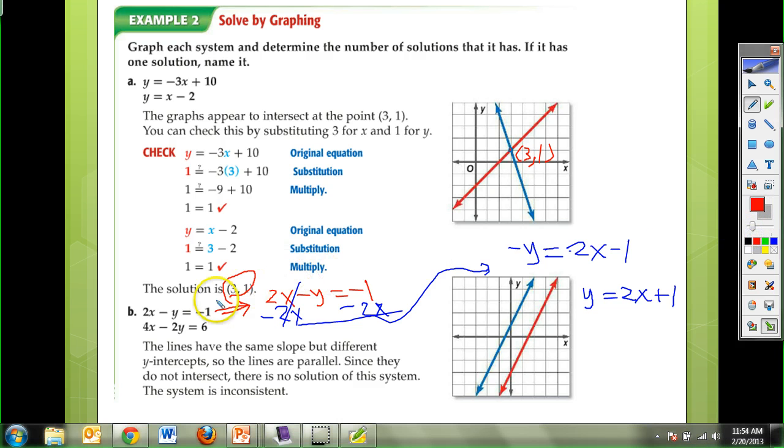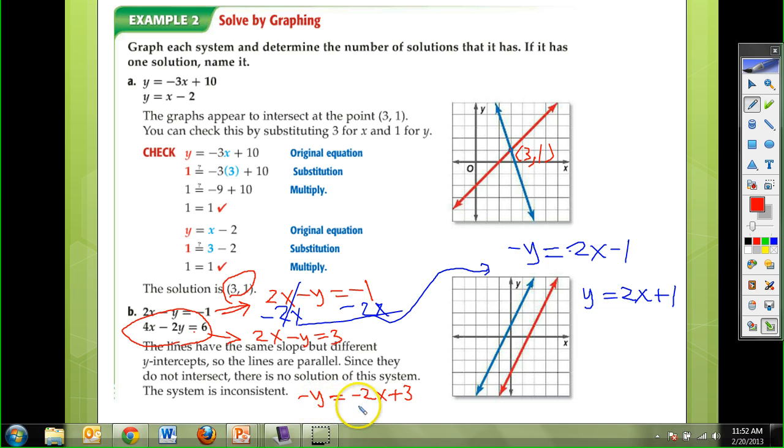Okay, the second portion here. What I would do is divide everything by 2 so that it looks nice, because I know 4 can be divided by 2, 2 can be divided by 2, and 6 can be divided by 2. So I can rewrite it as 2x minus y equals 3. Take away 2x on each side, and you have negative y equals negative 2x plus 3.